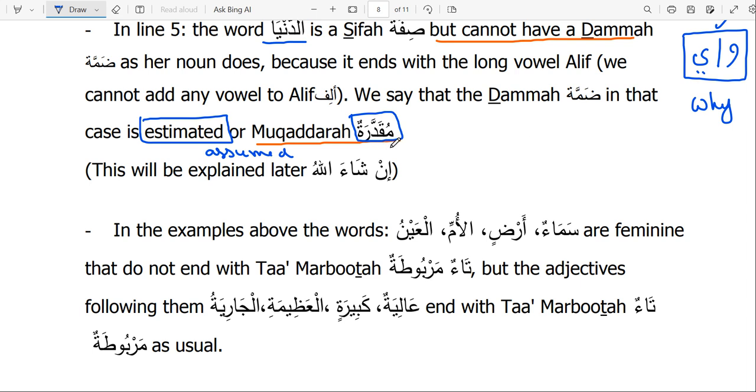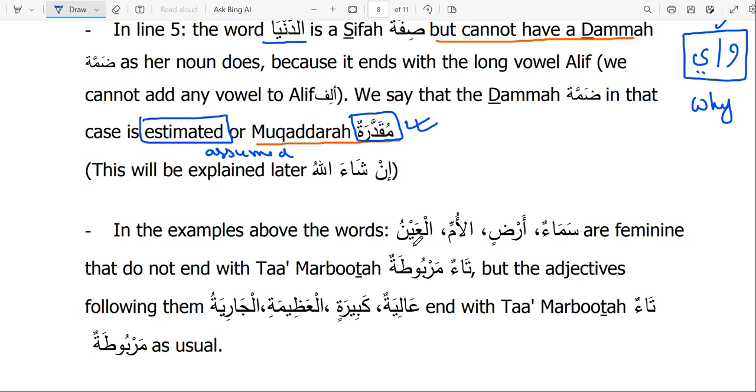In that case, you will say the haraka is assumed, the haraka is muqaddara. This topic we will learn in our third lesson, and that lesson is very important. That is the starting of the grammar, actually main grammar. So we will learn this case in our third lesson, inshallah. Then in the above examples, as you can see, sama'un, ard, and ain are feminine, but they do not have ta marbuta.